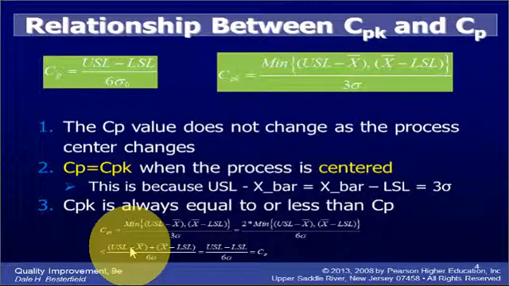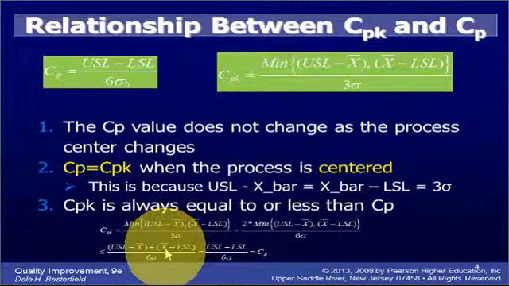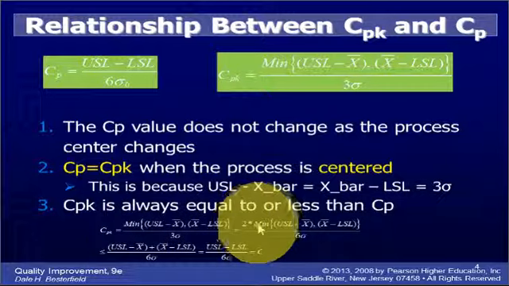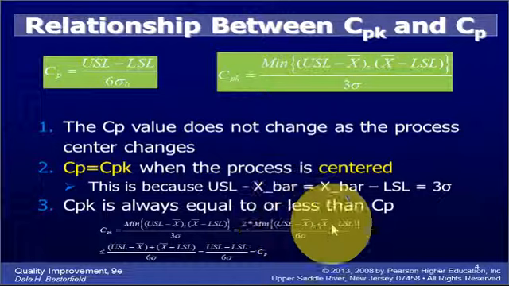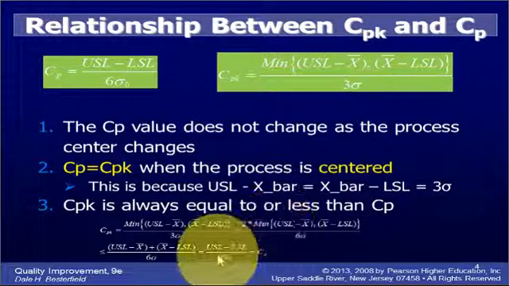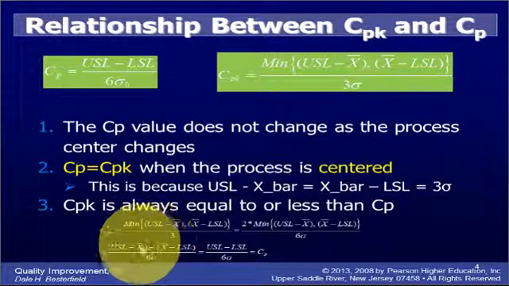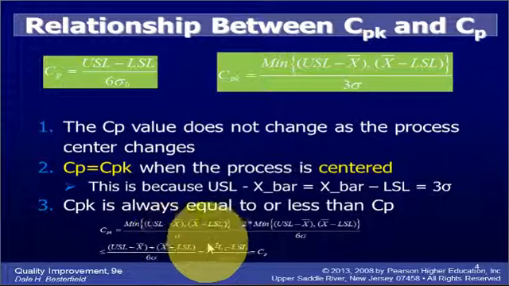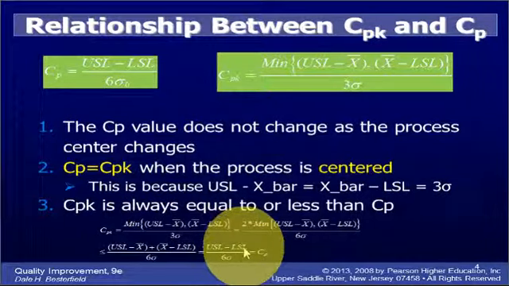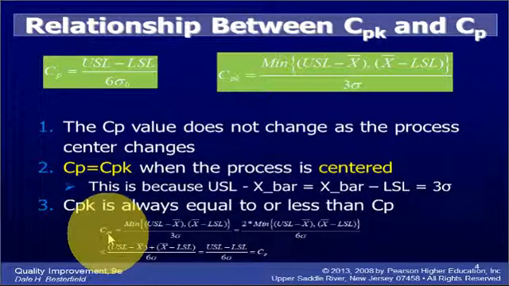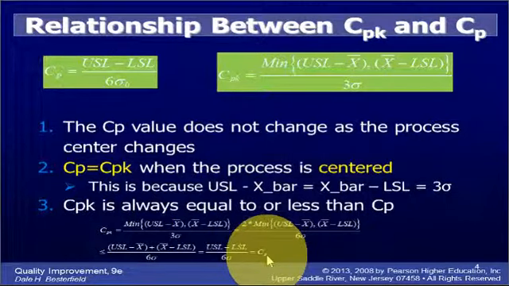One of these terms will be the minimum, and the other term will be greater than or equal to the minimum. Therefore, in the sum of these two terms, the x bar will cancel out, and that will be the USL minus the LSL. This is the definition of the CP value. Therefore, the CPK value is always equal to or less than the CP value.